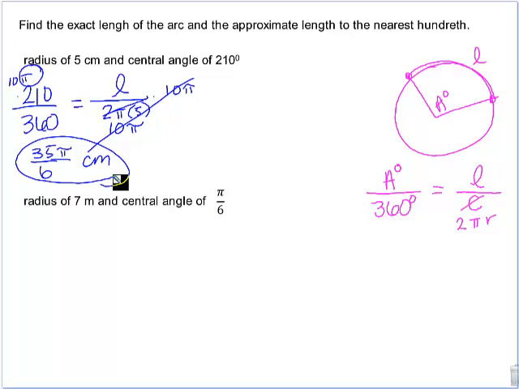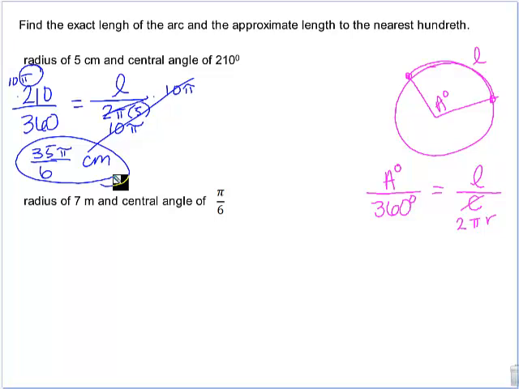How would you find this approximate to the nearest hundredth? Yeah, just times it by pi. Not that hard, just times it by pi.